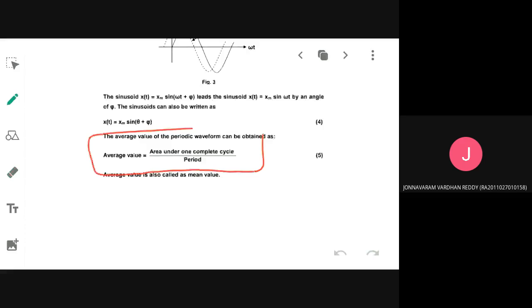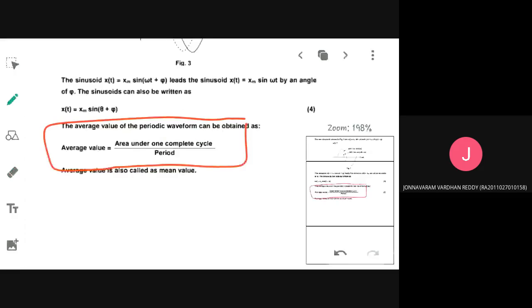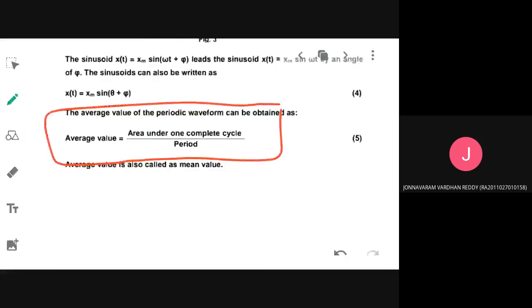Average is also called the mean value. What is the formula for average value that is indicated in the slide? Area under one complete cycle by period.